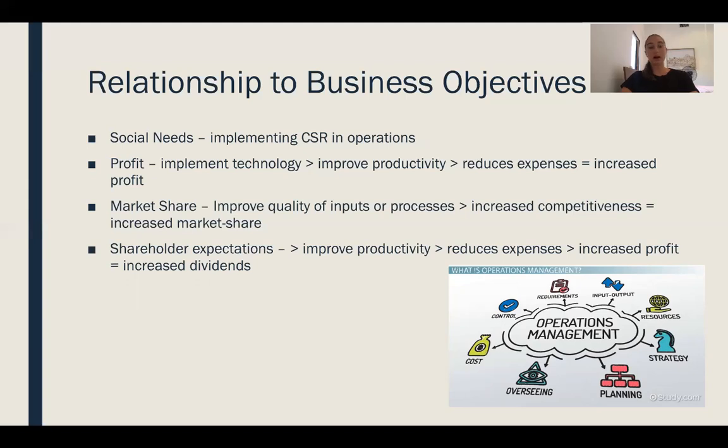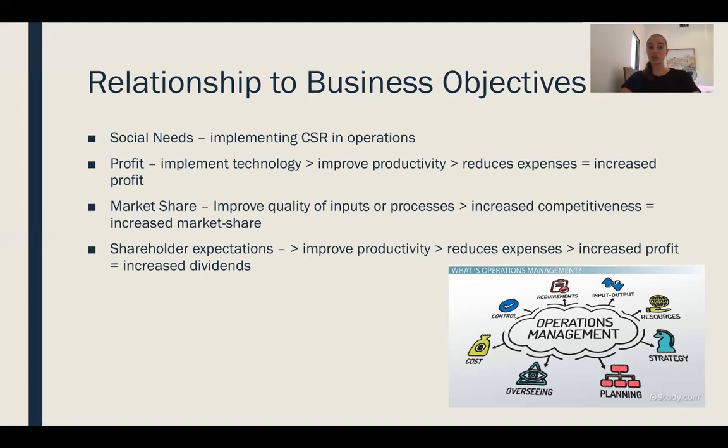In relation to market share, operations management can improve the quality of inputs and processes, either through quality management or through sourcing high quality inputs. By having those high quality inputs and processes, the output of the product is going to be of a high quality as well, which provides the business with a competitive advantage, which should improve market share.